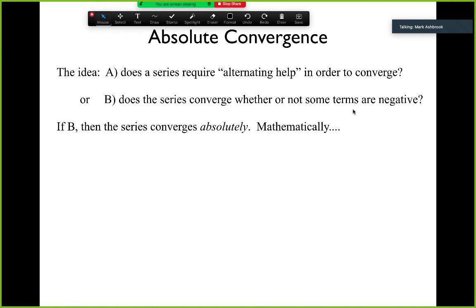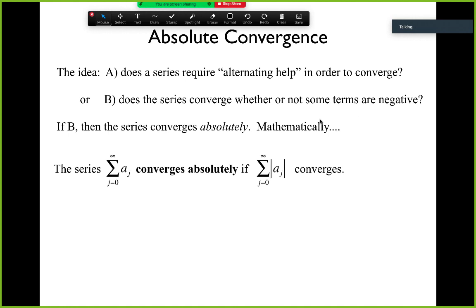So mathematically, what would that be? We say that a series converges absolutely if the absolute value of all the terms also converges. Meaning, get rid of all the negative terms and see if all the positive versions of the terms converge, then it converges absolutely.